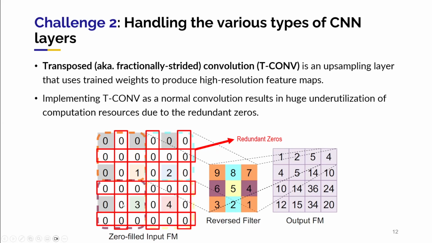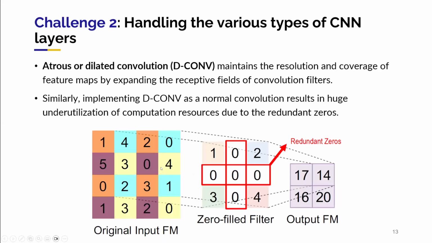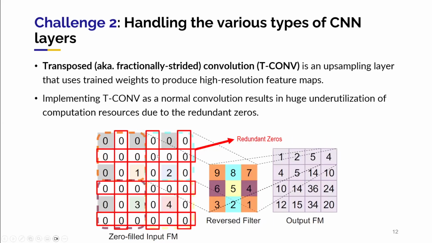But to perform the transposed convolution, we need to reverse the kernel, so it starts 9, 8, 7, 6, 5, 4, 3, 2, 1. And then we perform normal convolution on this expanded feature map with zeros. But as you can see, this can lead to a lot of underutilization of computation resources because of all these zeros.